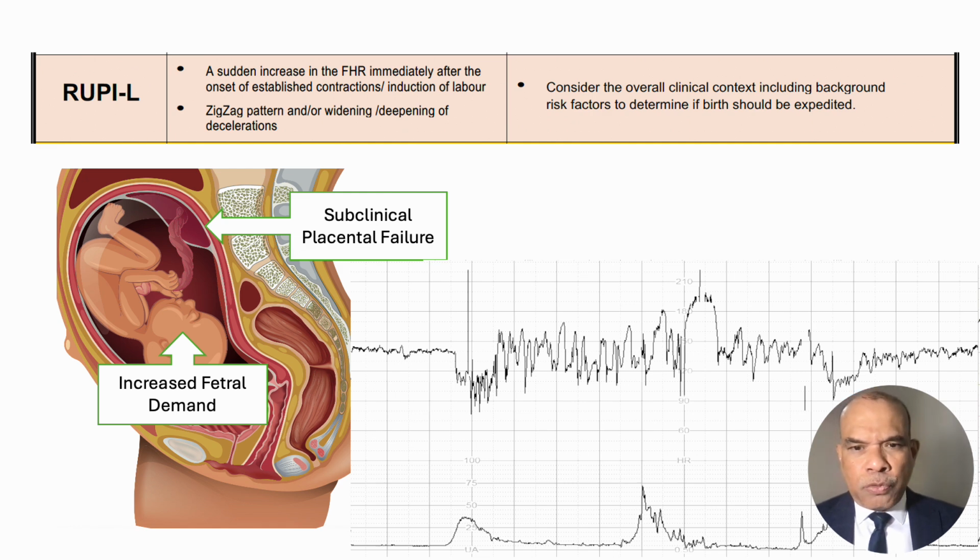So this is why we included this special category called RUPL, relative uteroplacental insufficiency of labor, and that's because these fetuses are not having chronic hypoxia, they are not having gradually evolving hypoxia.